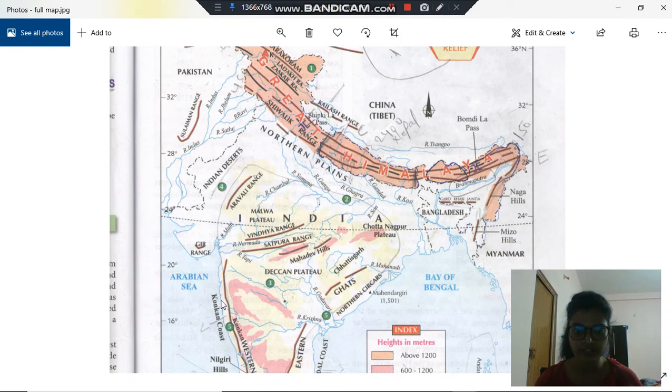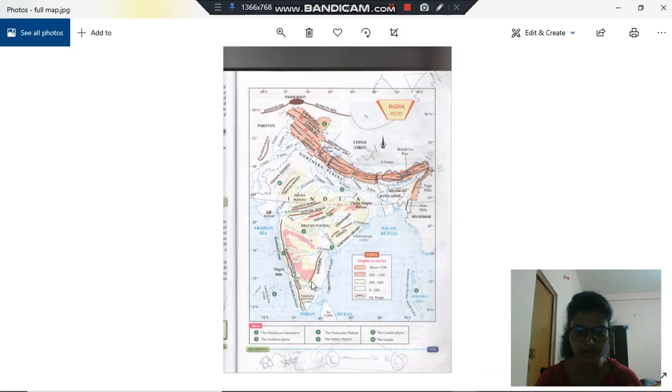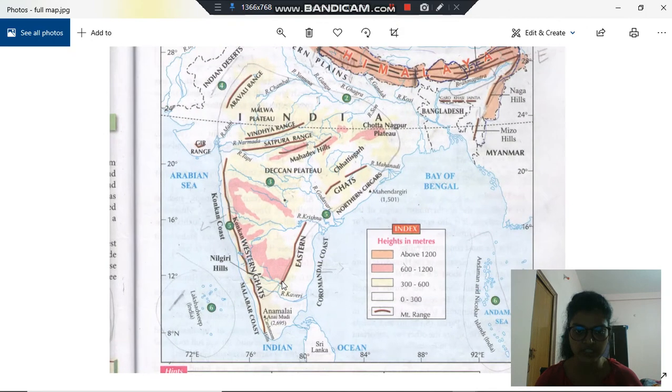Then on the edges we have coastal areas. Then we have the Arabian Sea and Bay of Bengal, and in the Arabian Sea we have Lakshadweep Island, and in the Bay of Bengal we have Andaman Nicobar. So these are the main features. These are the divisions of India.